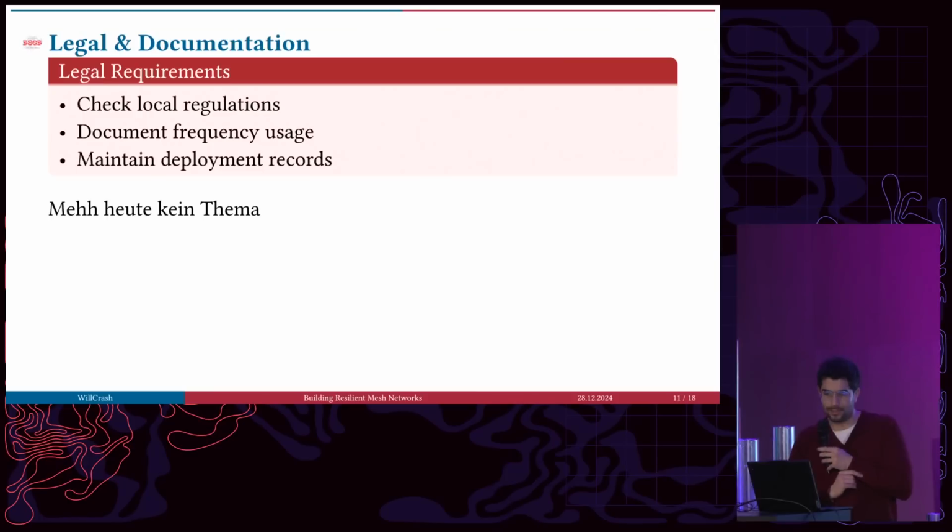So, legal requirements. Very difficult topic. You could make an Amateurfunklizenz, but this means you're also not allowed to use encryption, which has not been allowed by the Bundesnetzagentur. I have my own theory about that. I claim this device is an IoT device.